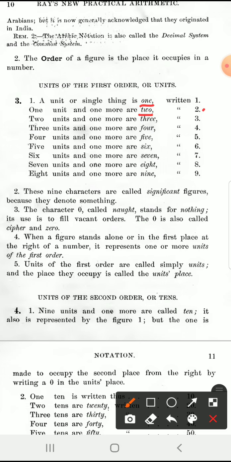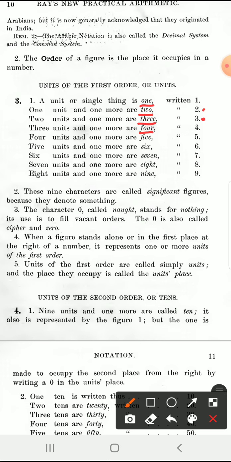Next, 2 units and 1 more make 3. And there we see the name of this quantity using words. And here we see how that number is expressed with a figure in the Arabic system of notation. 3 units and 1 more make a quantity named 4, F-O-U-R.